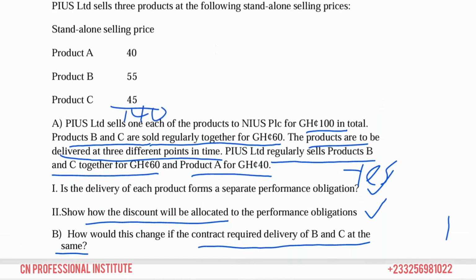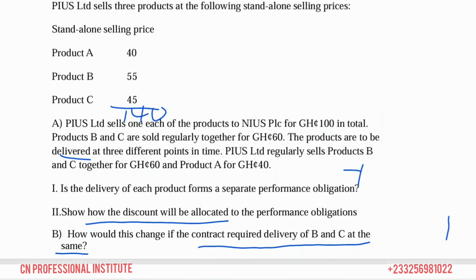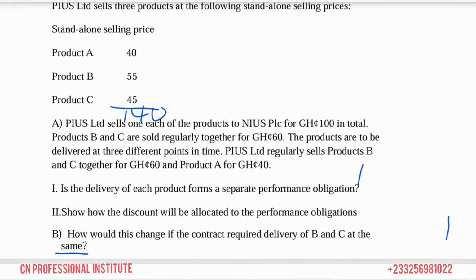So if you sell them alone, we'll sell them at 140. But look at it, we're told that Pius combined all and sold it for 100. Combined the three and sold it for 100. So this 100 is what we call the transaction price. And then this 140 is the sum of the standalone selling prices.